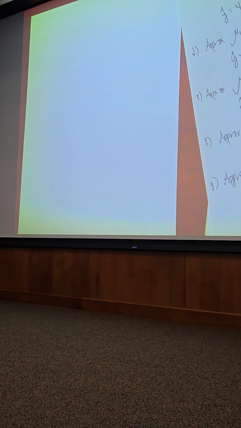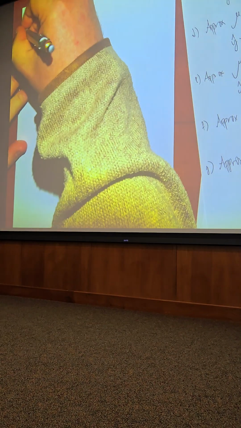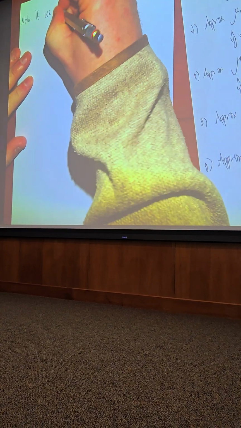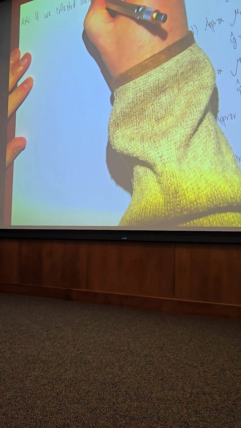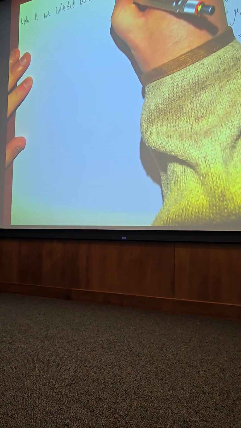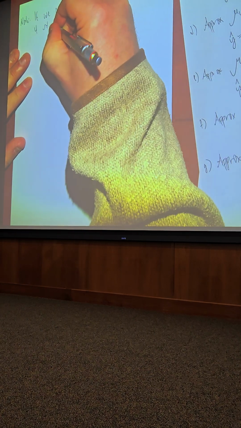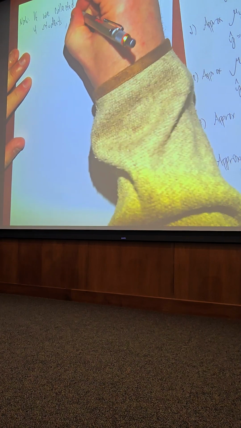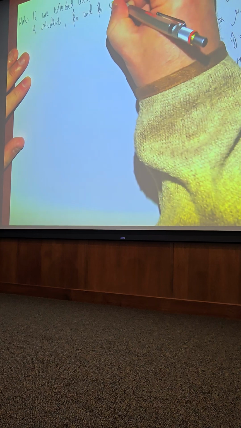So let's do this very quickly. If we collected data on another 4 students, my intercept beta 0 hat and my slope beta 1 hat would change.